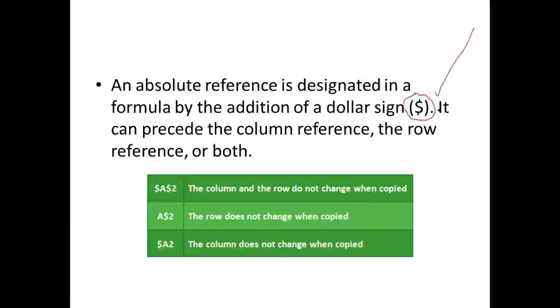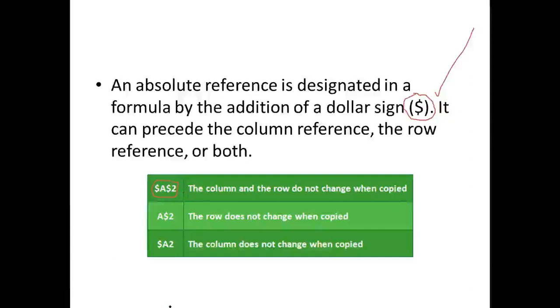So whenever you use the dollar sign, then that means you are able to use cell referencing properly. It precedes a column or a number. So for instance, there's a dollar sign before A and a dollar sign before 2. So the column and the row do not change when copied.